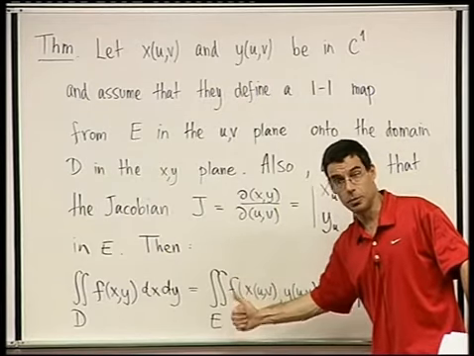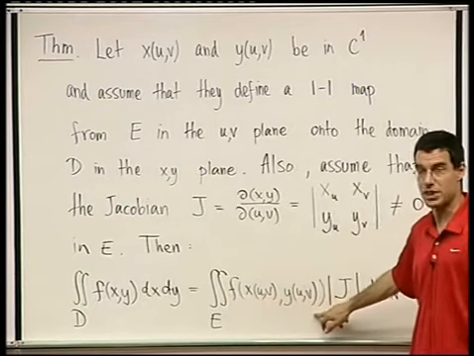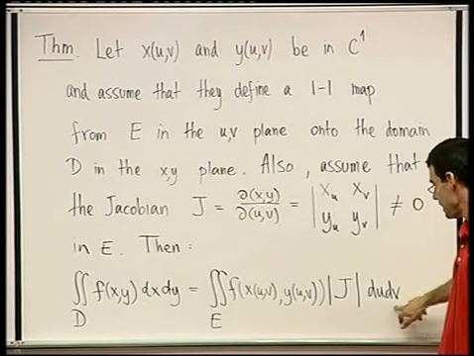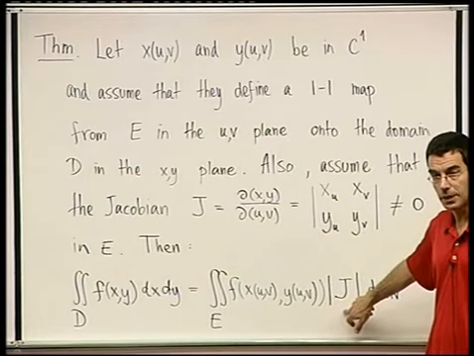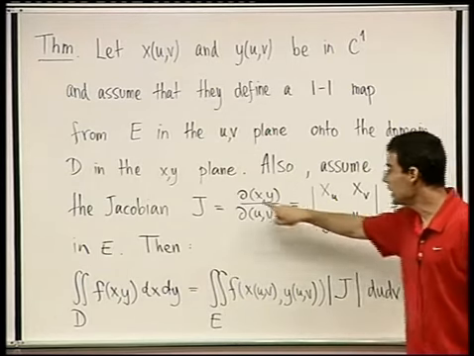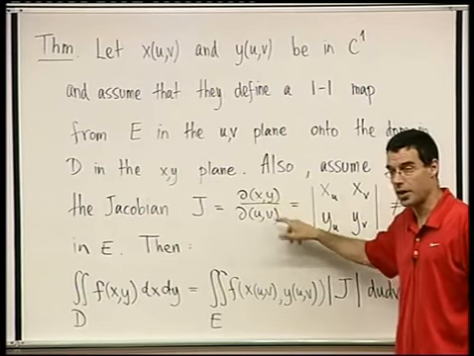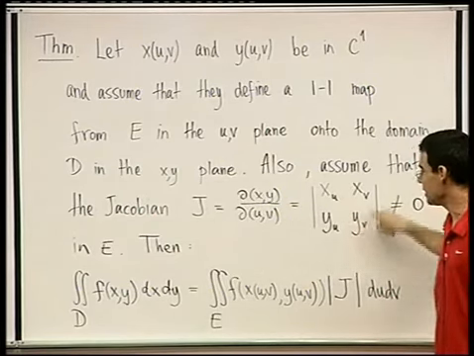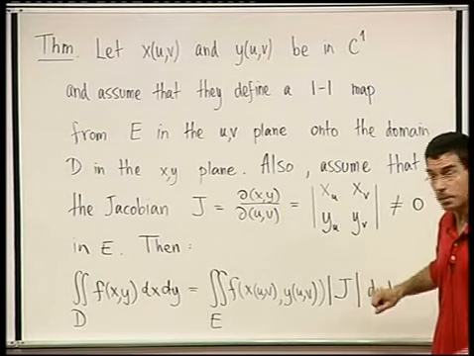Good, it's a rectangle. We're going to easily write it as iterated integrals. The function is going to be theta, dr d theta, but we're missing the Jacobian. We have to calculate the Jacobian. And the Jacobian is going to be d(x,y) over d(r,theta). We're going to have to plug in these partial derivatives. Okay? So let's calculate the Jacobian.